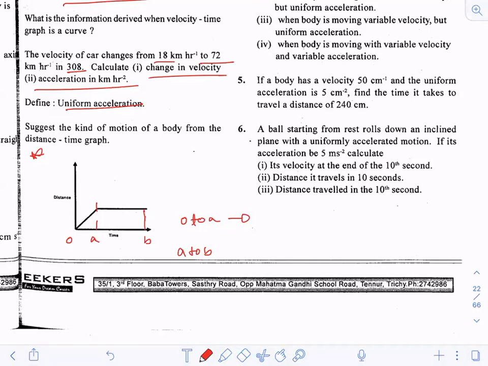So O to A, we are having uniform velocity. If I'm having uniform velocity, what is the acceleration now? 0. What is the acceleration? 0.